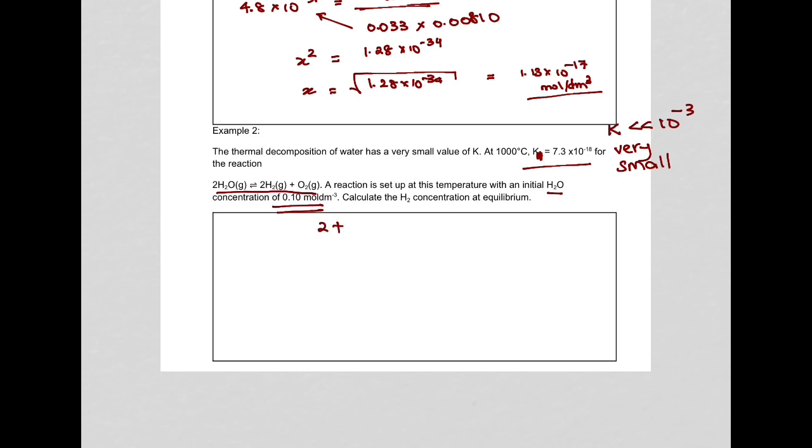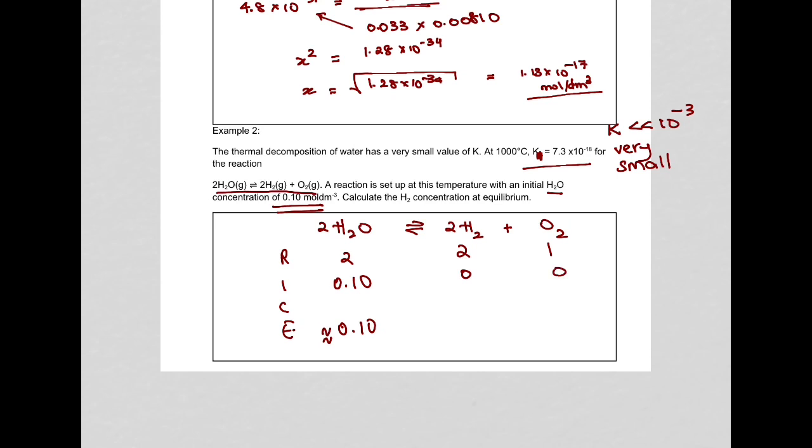So in this kind of question, I can write the equation and I'm going to apply the RICE method with a little variation. Initial amount of H2O, it's this, and final amount of H2O, it's still this, because it's going to change by very small amounts, so it's almost this. Now H2O is going to form H2 and O2.